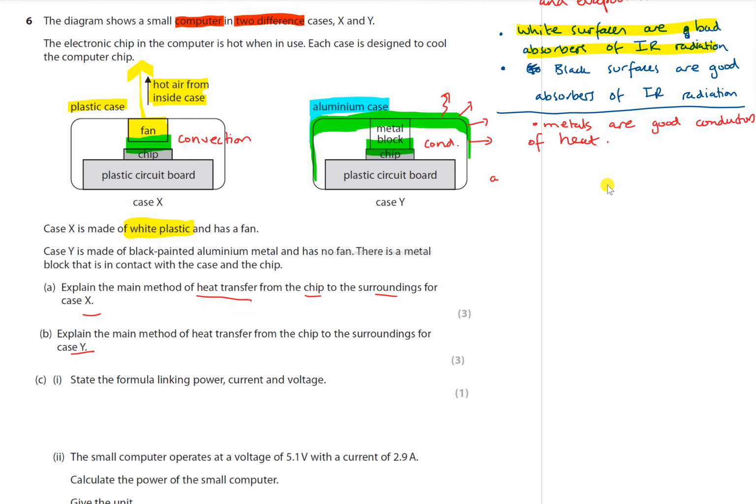So if we look at A, for case X, convection is the main method of heat transfer. The fan helps with convection.